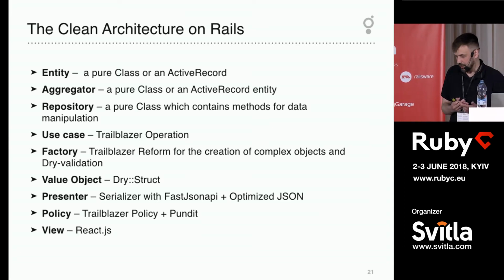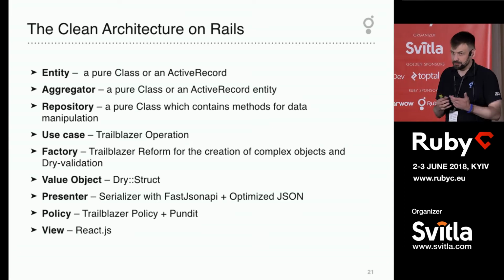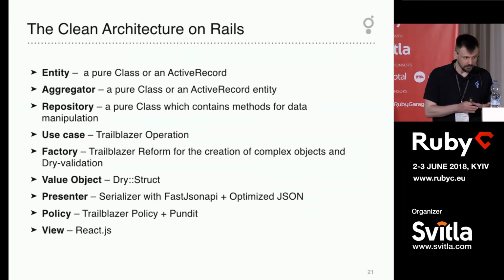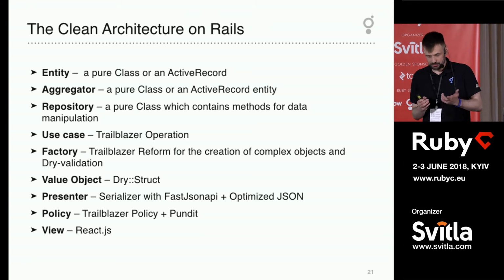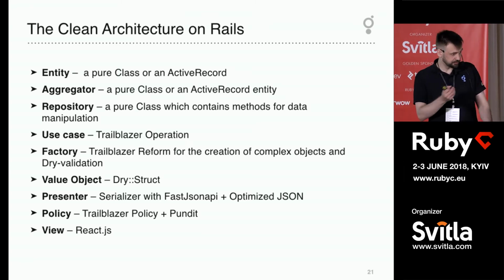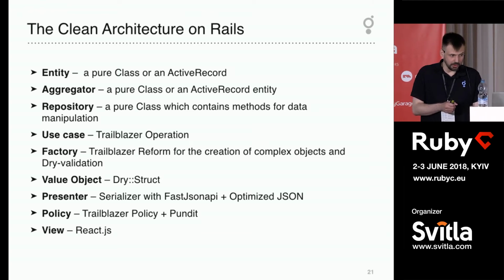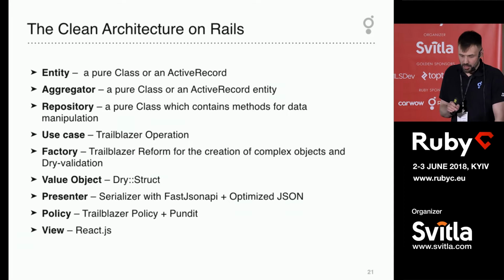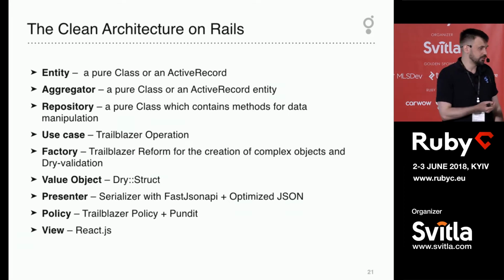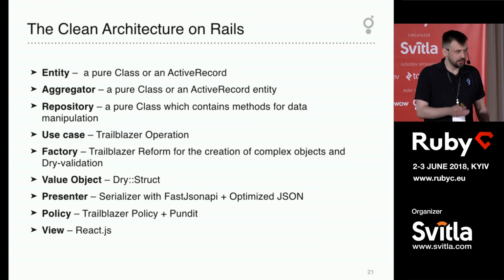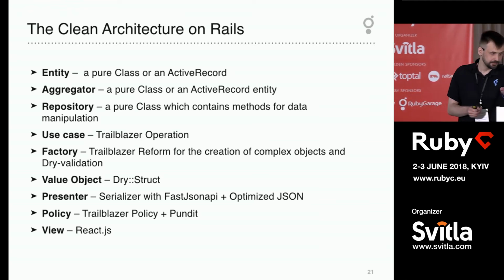For example, we have a product and a list of variants of this product, or a list of images. We can say a product has many images. In this case, product will be the aggregator, and we can access the images of a product only through this entity.